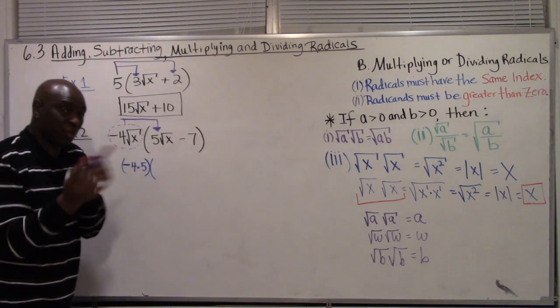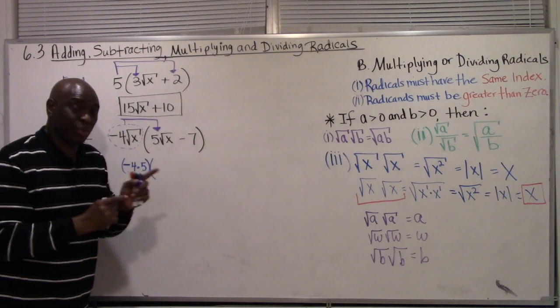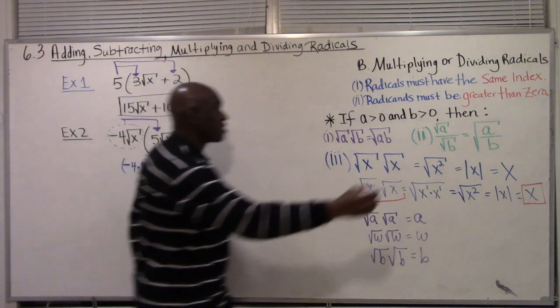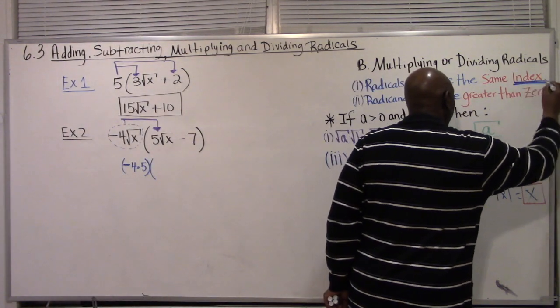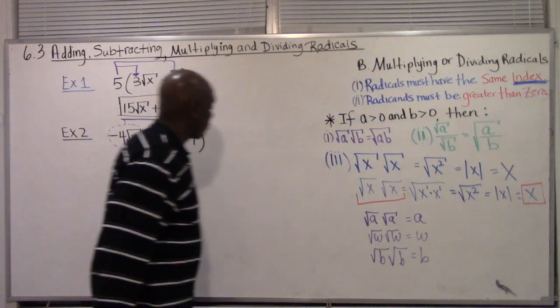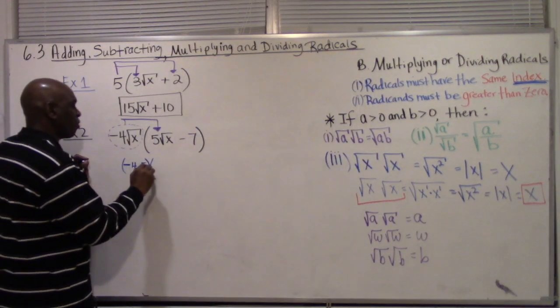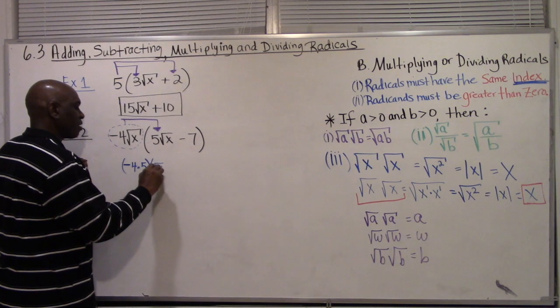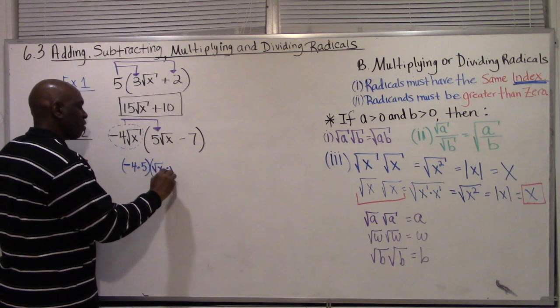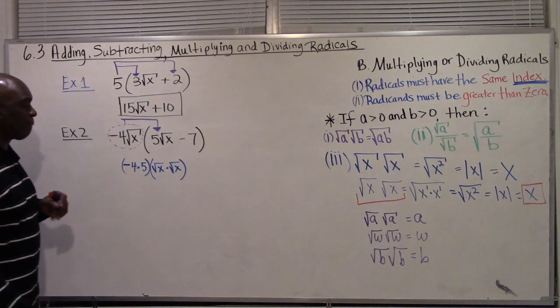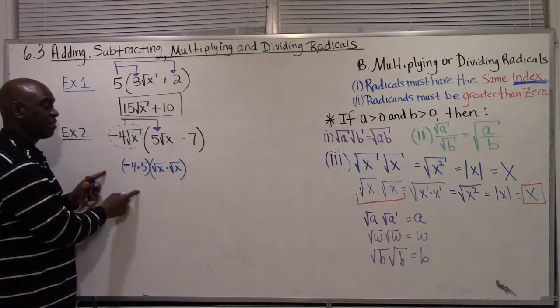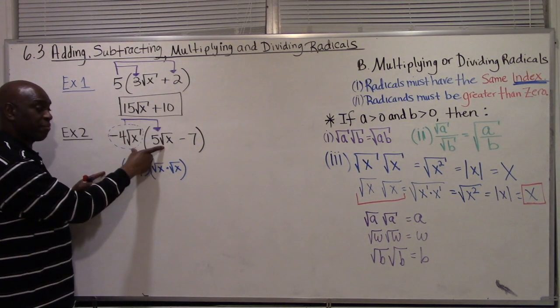And then that's going to be multiplied times. Now you take the radicals and multiply the radicals. Why? Because they have the same what? Right, the same index. So take square root of x times the square root of x. And so all of this just gives us this first piece right here. That's the first piece.